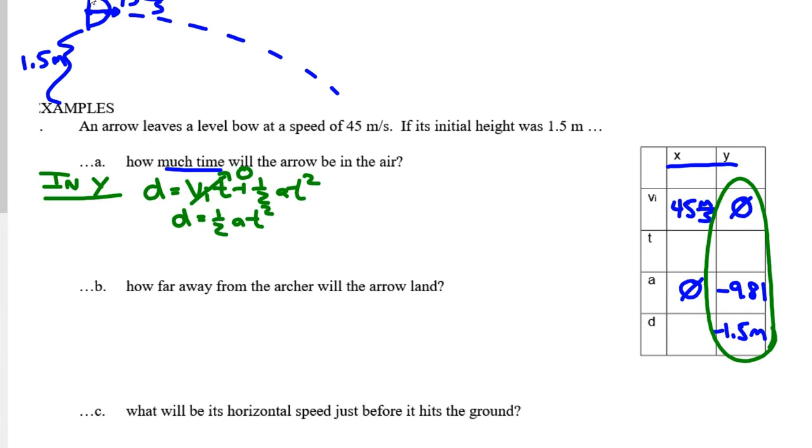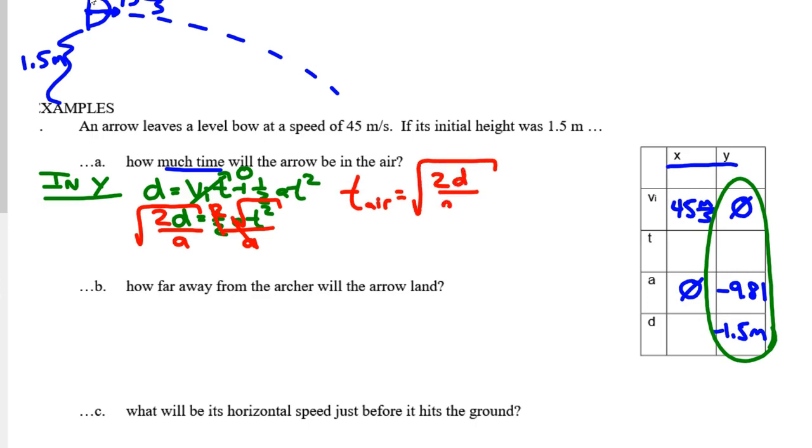We can multiply both sides by 2, that cancels out the 1/2. We could divide by a, and then we can square root both sides. So we get an expression that the time in the air is equal to the square root of 2d over a.